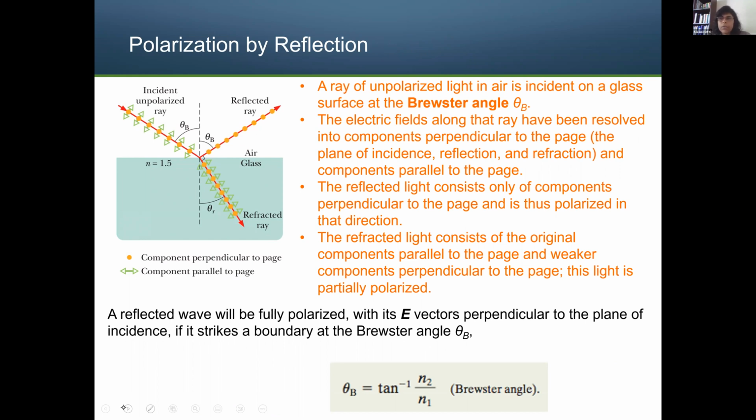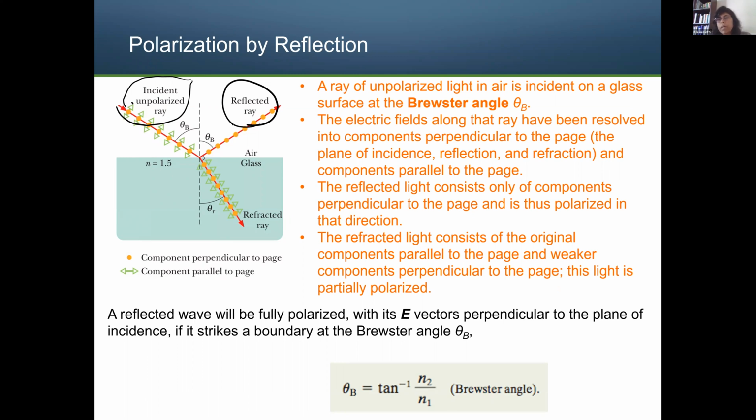And polarization we discussed earlier too, polarization by reflection in here. In this case, when you have unpolarized light and you send that light to the medium, then your reflected light is going to be totally polarized at some specific angle. The other one is going to be partially polarized.